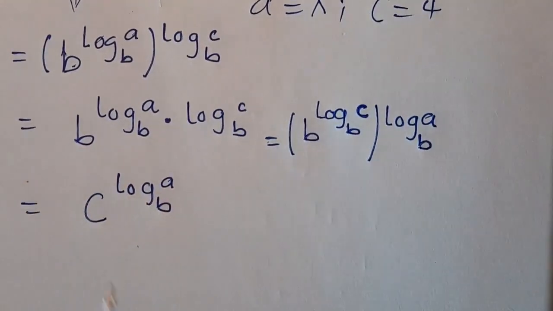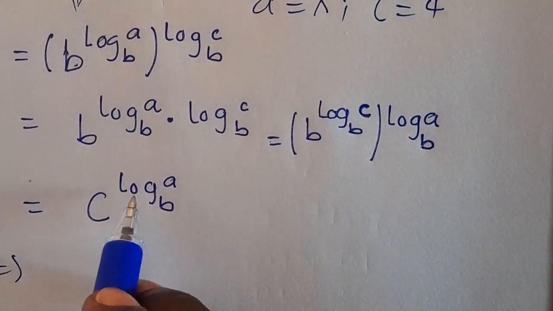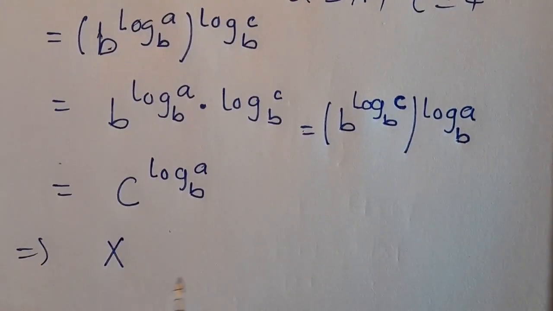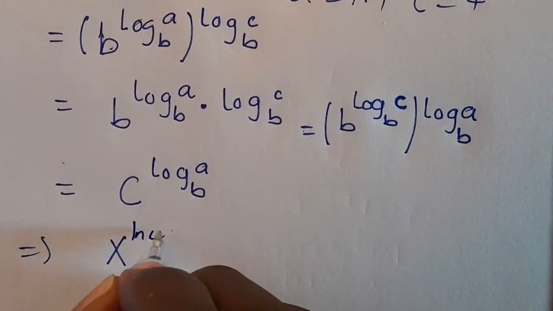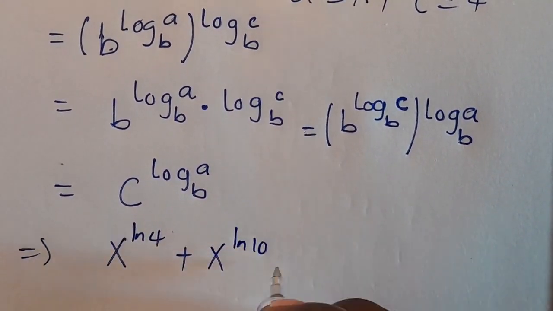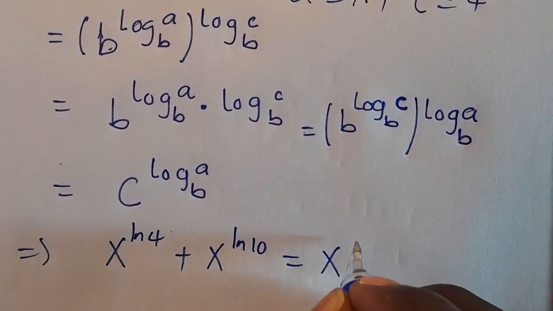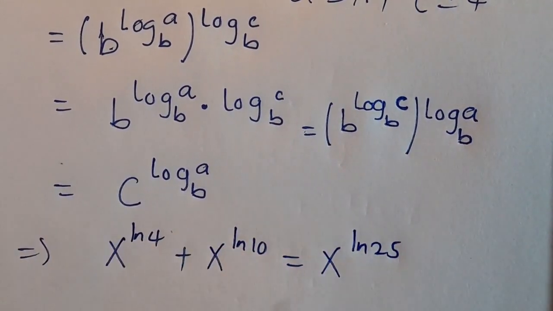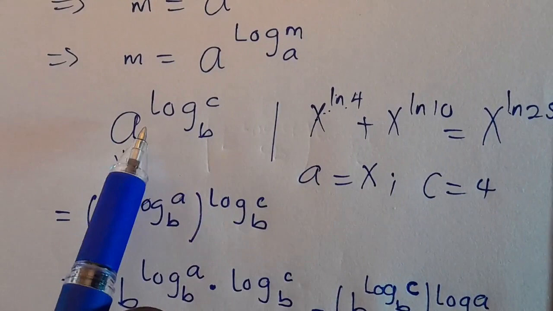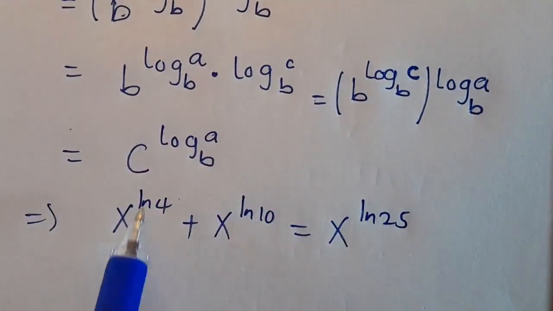Also, this implies that the whole of this expression that we have here, x to the power of ln4 plus x to the power of ln10 that equals x to the power of ln25, we transform this expression down to here.